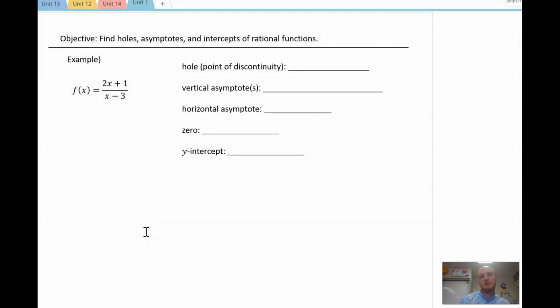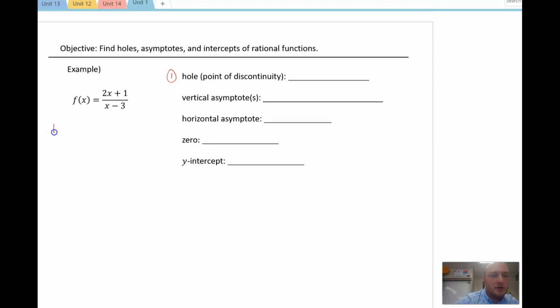f of x is equal to (2x + 1) over (x - 3), and what we want to do is find a hole. So step 1, finding a hole, you have to have a reduced function. Looking at this function, it's already completely reduced. I can't factor it or simplify anything, so I'm done. Did I cancel anything?